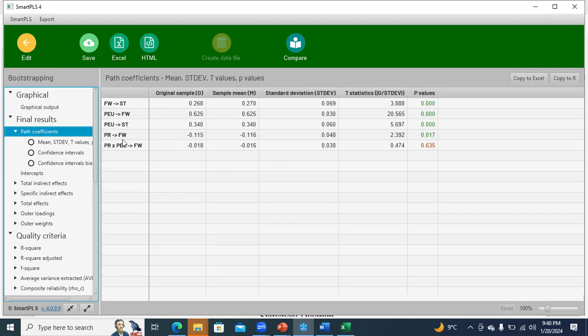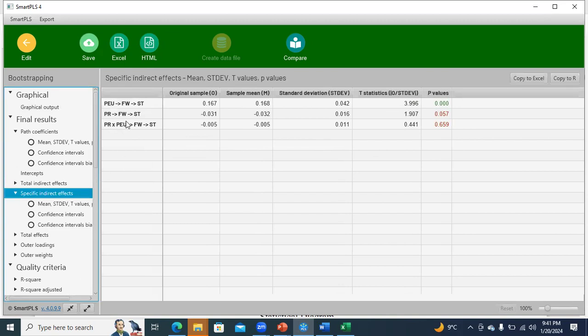And PR is also not significant, but PR is significant as a path on FW. And you can also see the specific indirect impact. There are three specific indirect effects: from PEU to FW to ST, and from PR to FW to ST, and then the moderating, or you can say moderated mediated impact, and it is not significant at all. So this is how you can interpret the results.